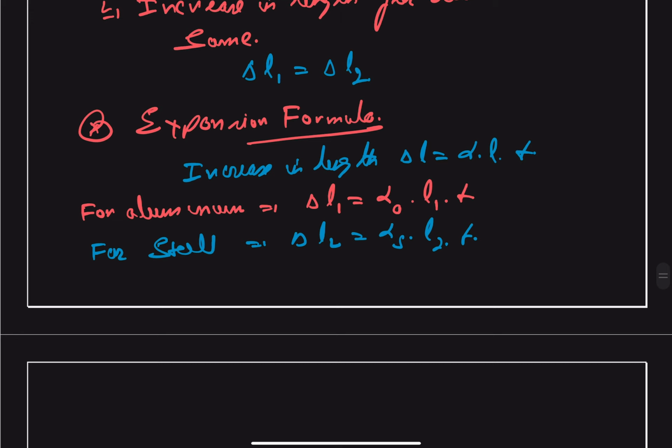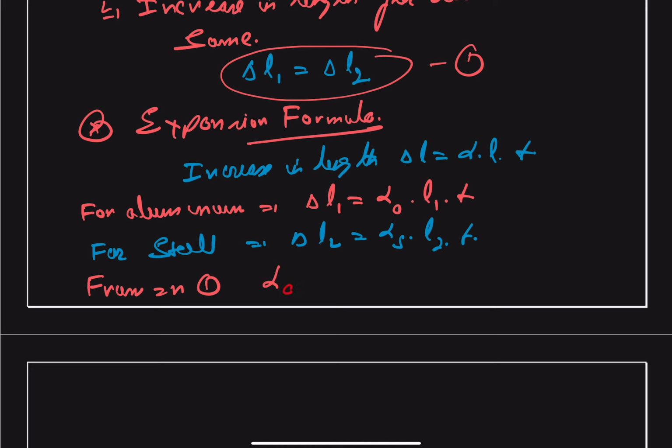So we can say that this will be called equation 1. From equation 1 we get alpha A multiplied by L1 multiplied by T is equal to alpha S multiplied by L2 multiplied by T, and here temperature and temperature cancel out.